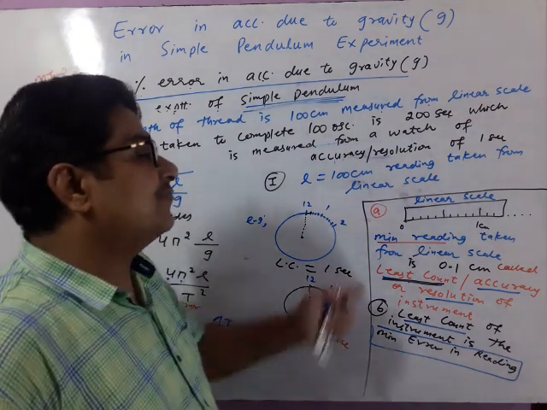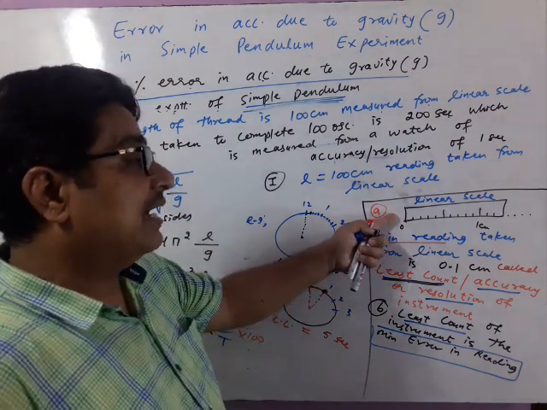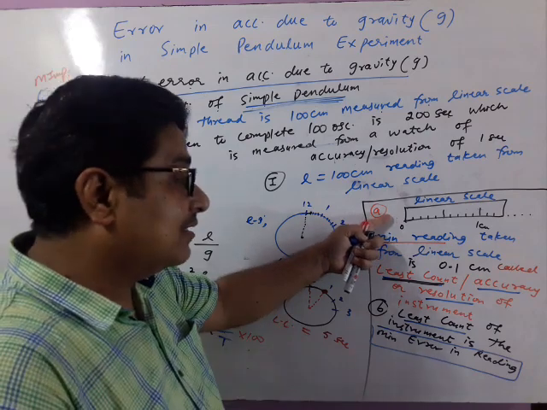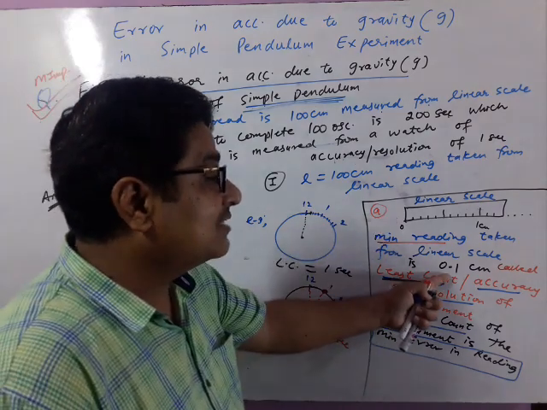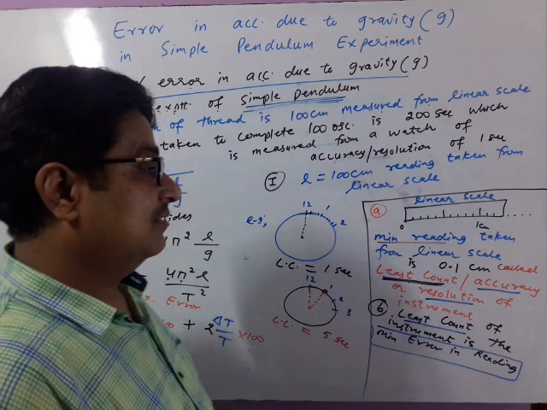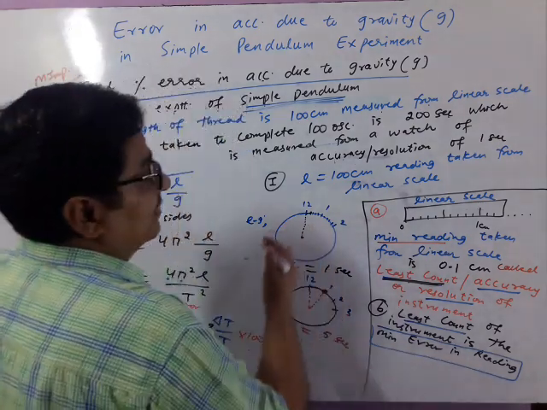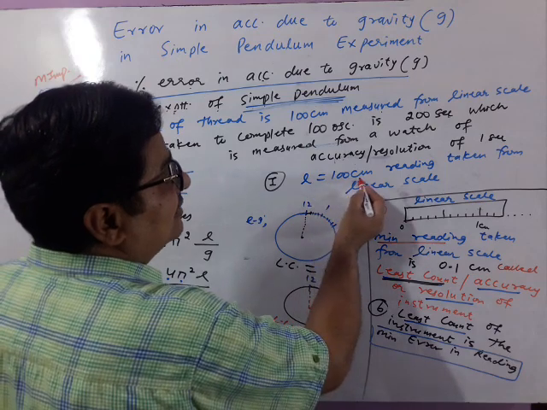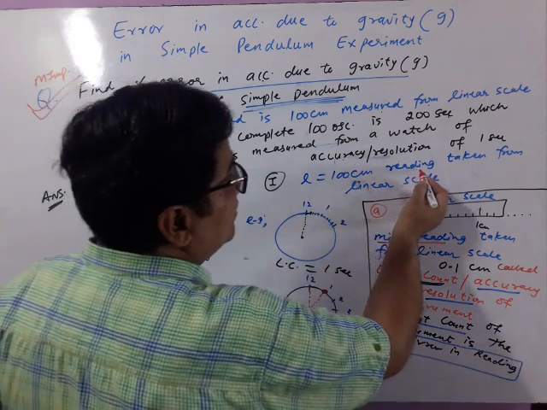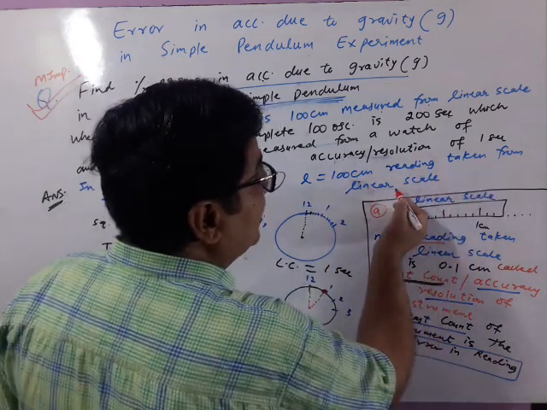You take any reading from linear scale, that reading will be having 0.1 centimeter minimum error. For example, if I say this line, length of 100 centimeter, this reading taken from linear scale.